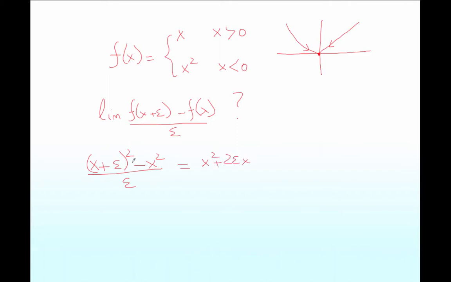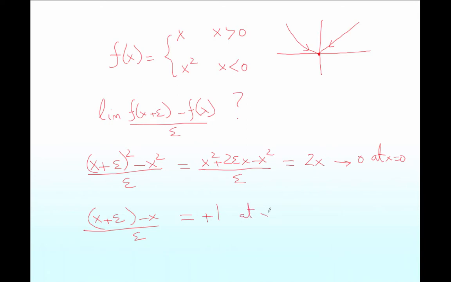The epsilon squared I'm going to neglect, minus x squared, and we get from here 2x. At x equals 0, the limit is 0. On the other hand, if we come in from the right, the limit is x plus epsilon minus x divided by epsilon, and the result is plus 1 at x equal to 0.